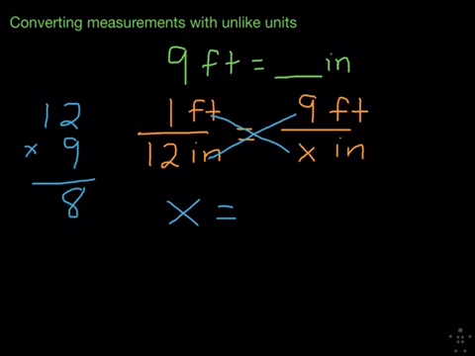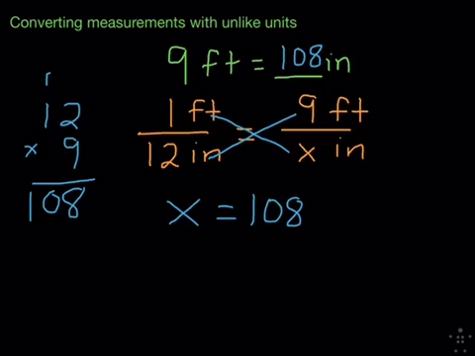So 2 times 9 is 18, 9 times 1 is 9, plus 1 is 10. I plug x in where it needs to go above, which is right up here. And after my proportion fractions, I can say that 9 feet equals 108 inches.